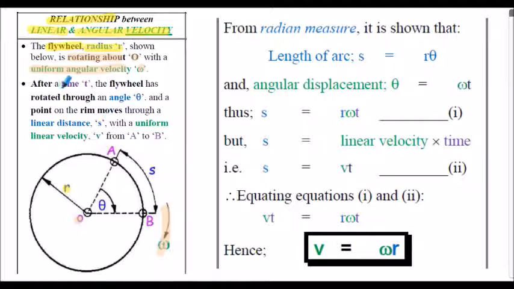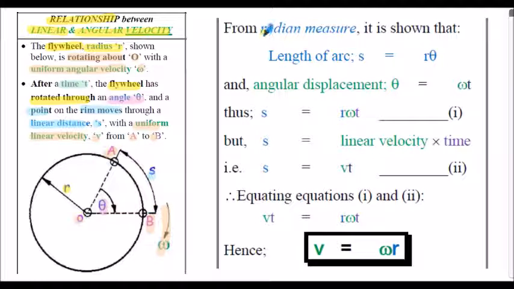After time t, the flywheel has rotated through an angle denoted as theta in the diagram. A point on the rim moves a linear distance s, shown here, with a uniform linear velocity v. That's from A to B, shown here.